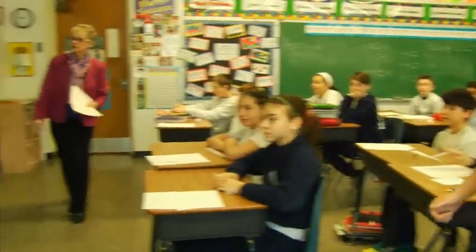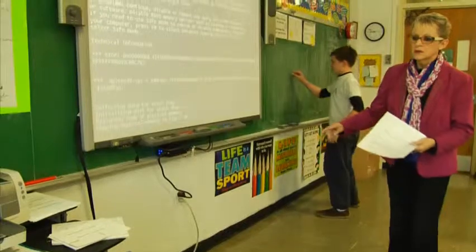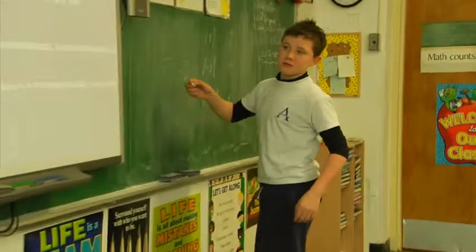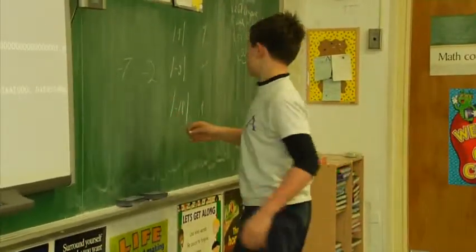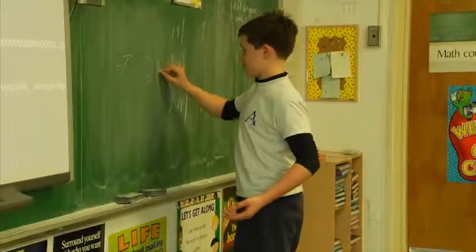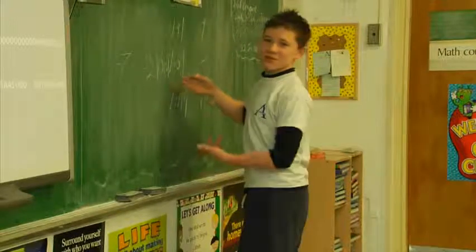How do you split? Okay, what happened? Okay, what happened here? Wait, what were the other two? 4 and 5. Okay, I just lost my... Do I just go over it?